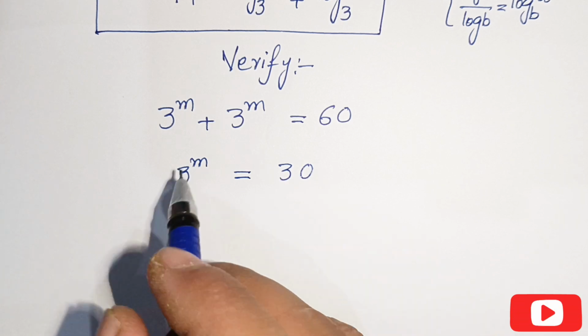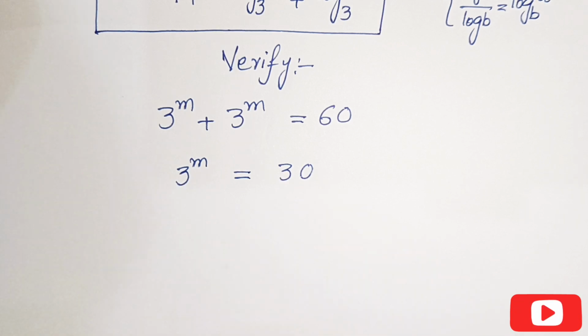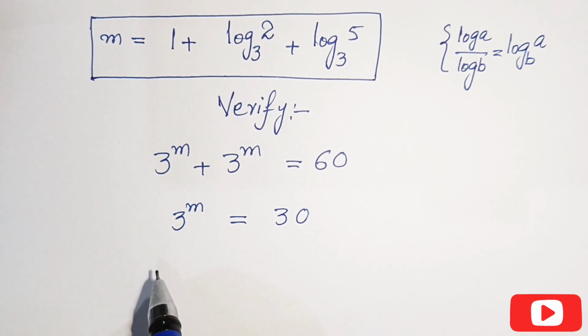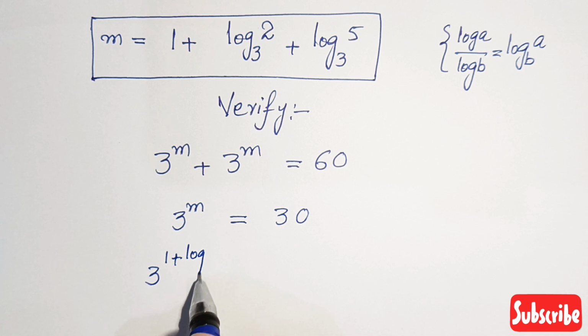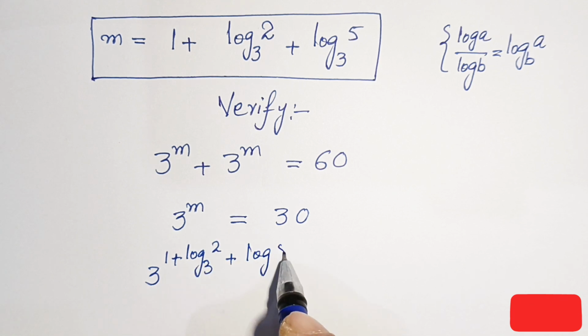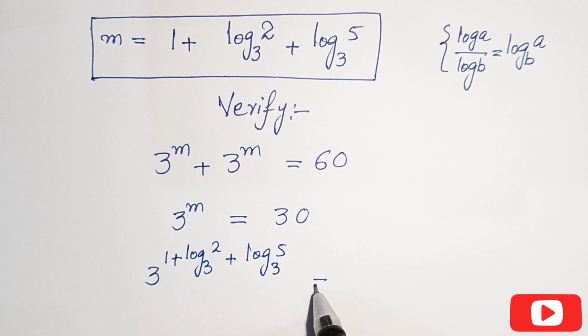So now putting in our value of m, 3 to the power m will be 3 to the power 1 plus log 2 to base 3 plus log 5 to base 3. Is it equal to 30?